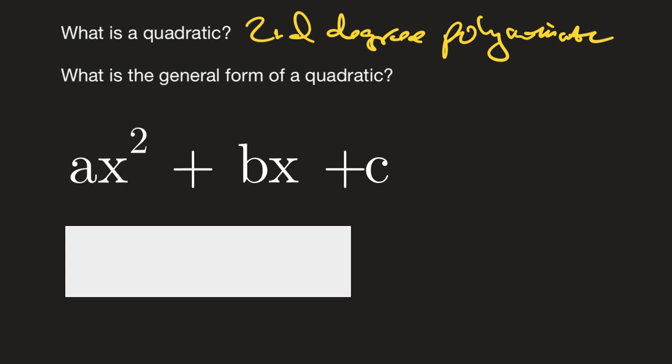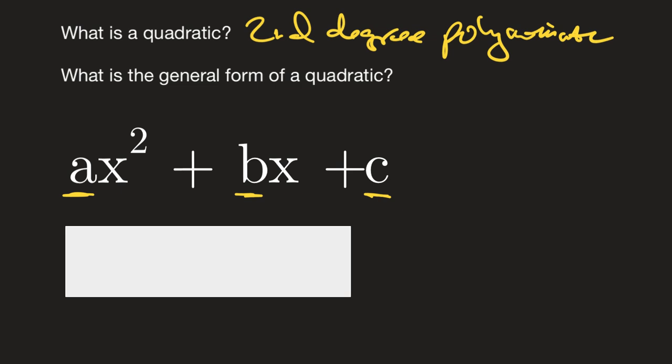The things to take away from this general form, and what we're going to primarily focus on today, is the a, the b, and the c. Guys, that value of a is tied to that x squared. That squared term, that quadratic term, always comes with the a value.